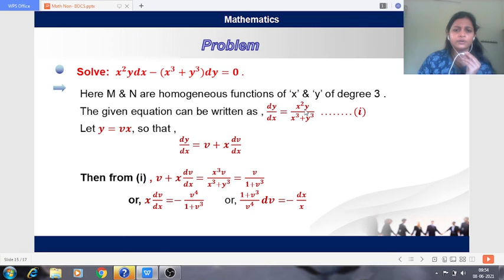Since we put y equals vx, we get v divided by 1 plus v³.